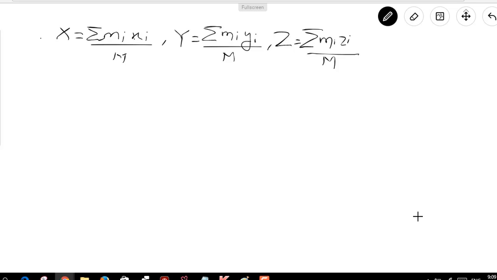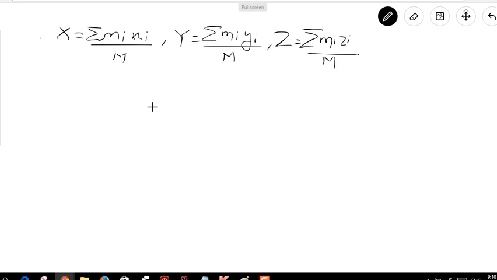Here x gives the x coordinate of the center of mass of the system of particles. So it is given by sigma mi xi by M. The denominator M is the total mass of all the particles, and y is given by sigma mi yi by capital M, and similarly for z.